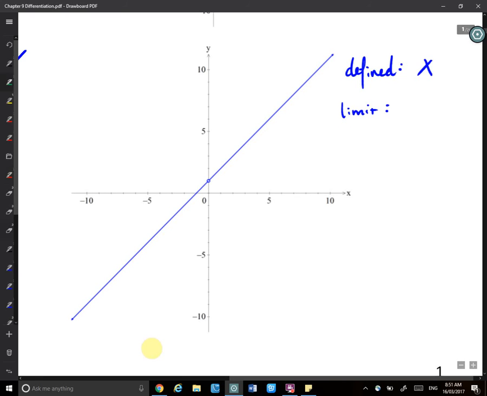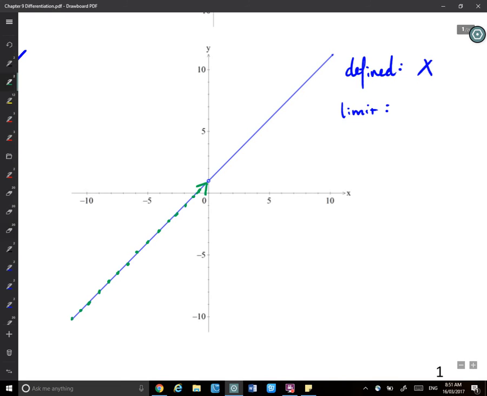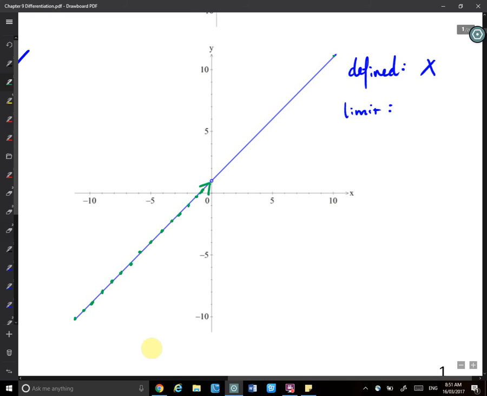Going from the left-hand side, I will go up towards 0. I will be approaching and approaching that open circle, which is at level 1. If I go from the right, I need to slide down to approach 0.